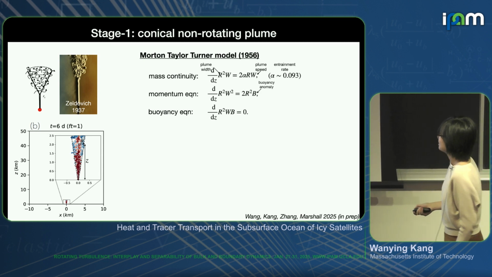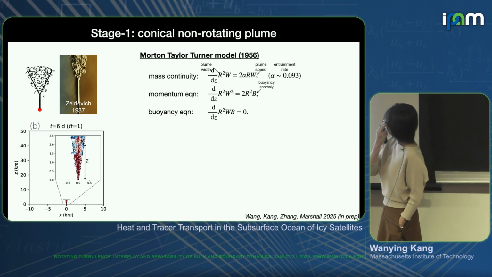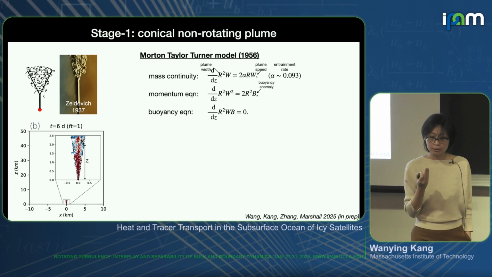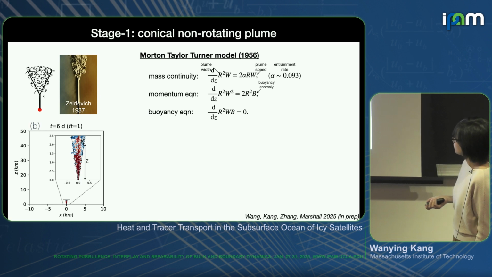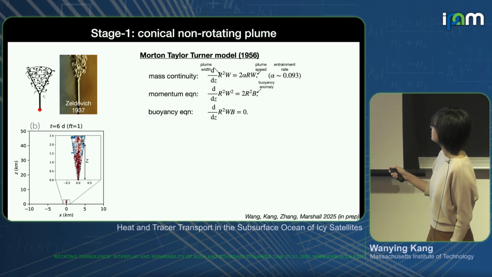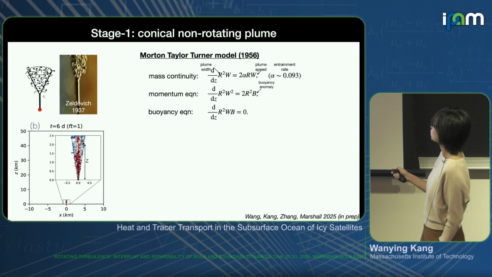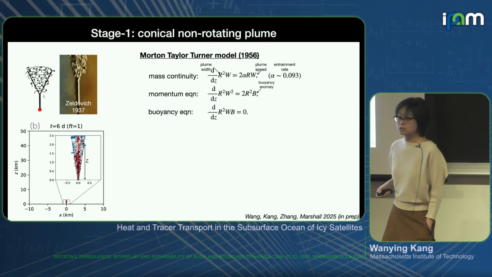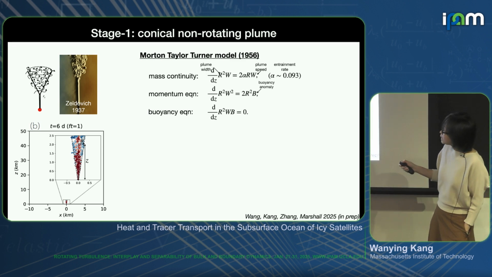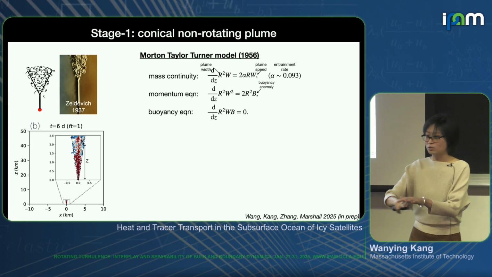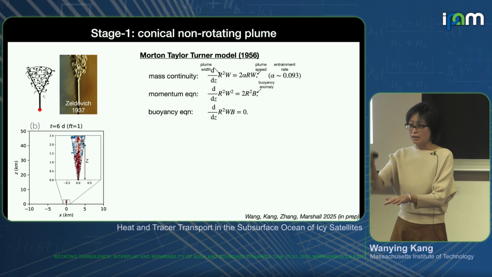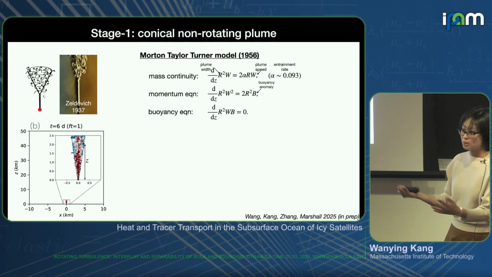First stage is not rotation governed. There's this very famous model, the Morton-Taylor-Turner model from 1956. It's really simple, actually. Just take the horizontal integration of your Navier-Stokes equation, assuming steady state.